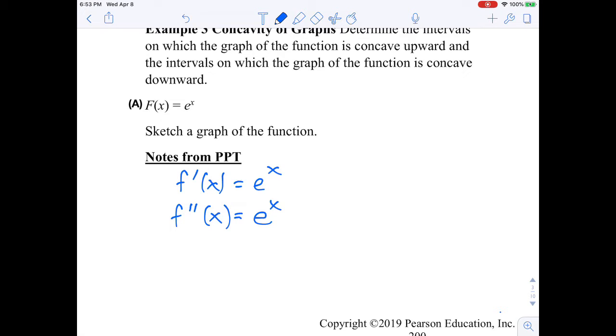So looking at a sign chart, when our x is 0, it's positive. And when it's negative, it's positive.